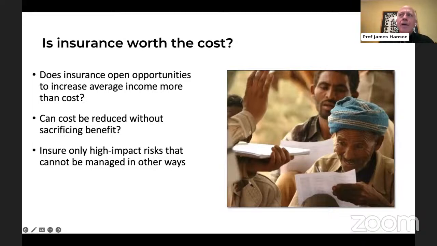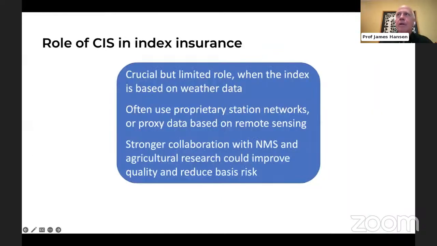So how frequent should the payout be and what should the maximum payout be? Those are crucial design questions that are best made with farmers' participation, with farmers also understanding the implications of those decisions on the cost that they will bear.